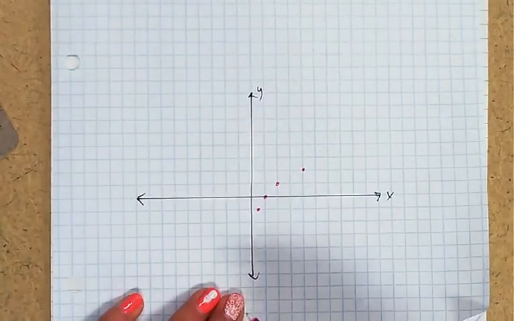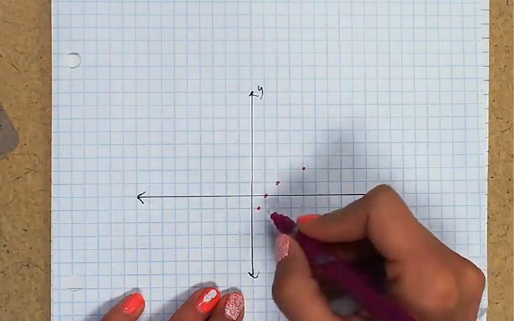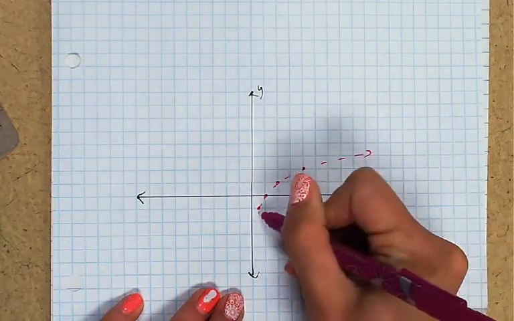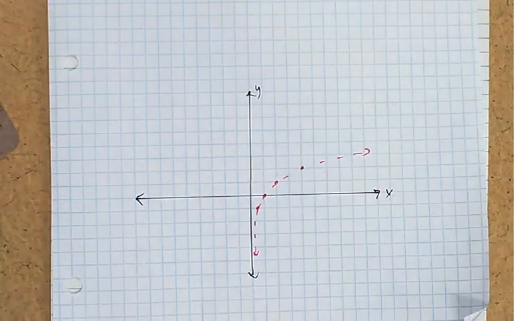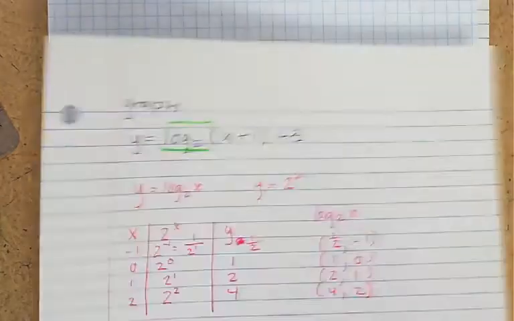Okay, this isn't my final answer though, because I have shifts that we just haven't talked about yet. So what I'm going to do is dash this in, because like I said, it's not my final answer. Don't go across the y-axis, because we haven't shifted at all. I'm not going to put the asymptote in there yet, because we have some things that might change it.